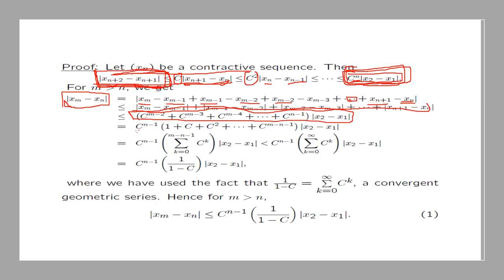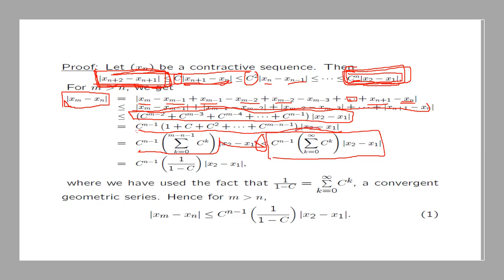So just factor out c to the power n minus 1, and then you get this expression here, and then write it in summation notation. And then this will be less than this one here when you take the sum up to infinity.